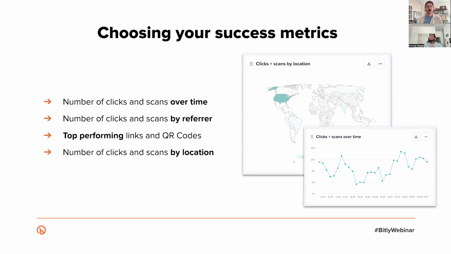Number 2 is the number of clicks and scans by referrer. In layman's terms, this provides insight into the source that is driving traffic. That's going to identify which platforms, websites, or marketing channels are the most effective for your business. You don't want to be posting links on Facebook if people aren't engaging with it, or X or Twitter or Instagram.